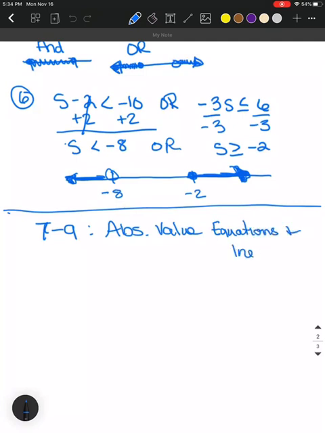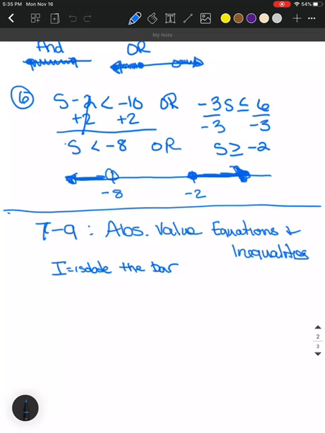All right. And when teaching this, I usually remind you guys of ISS. So remember, we have I for isolate. And that means we want to get that absolute value bar alone. So we're going to say isolate the bar.